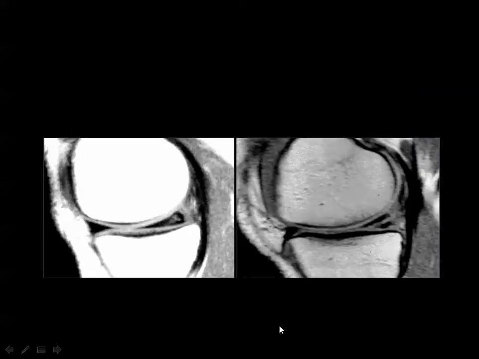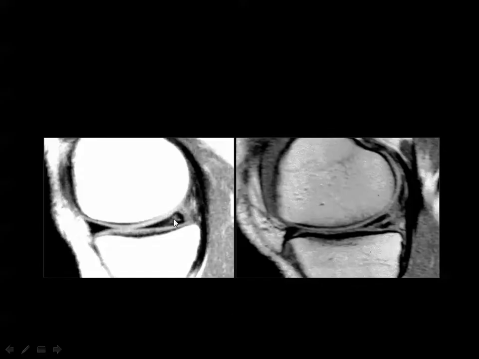Then the normal appearance of the meniscus is a dark signal in all pulse sequences: T1, T2, STIR and gradient images. And if you see an abnormality inside the meniscus, then you can differentiate between meniscal degeneration and meniscal tear.